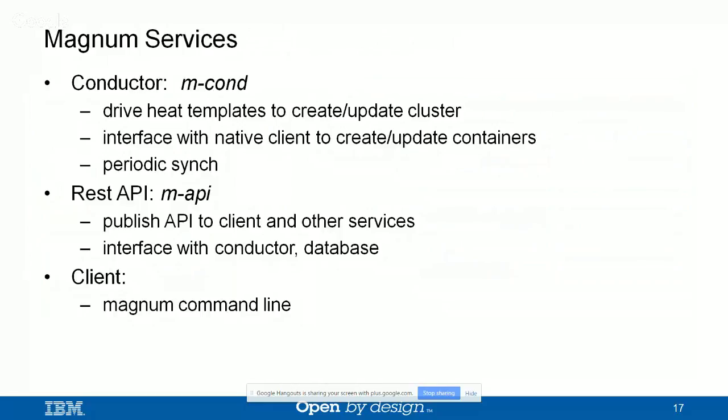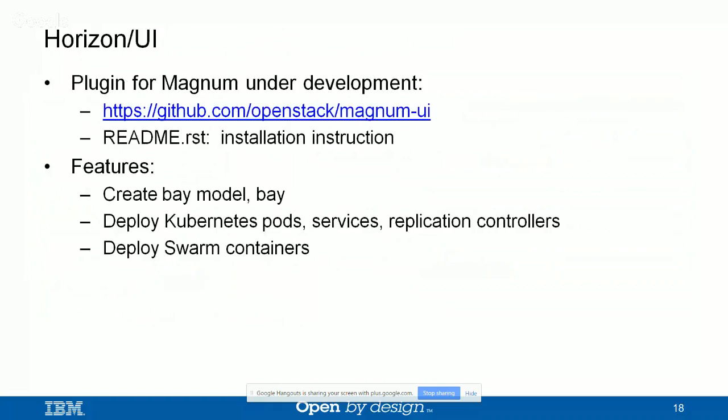Then finally, there's a command line client that you can run. For this cycle, there is new work for bringing Magnum to Horizon. There's a plugin now that you can install with Horizon, and it gives you the UI to interact with Magnum.